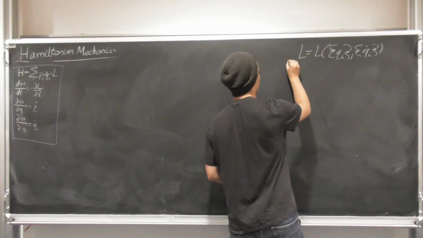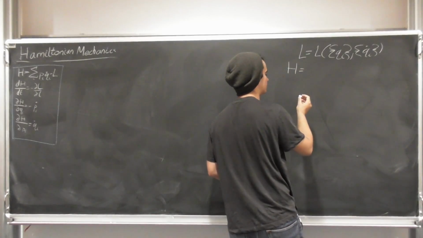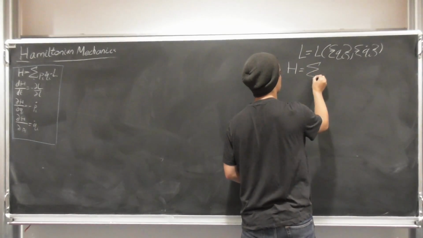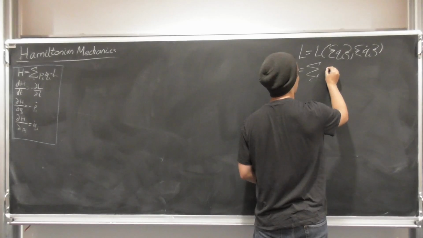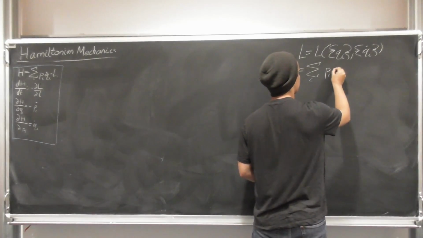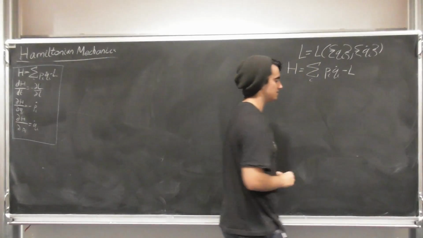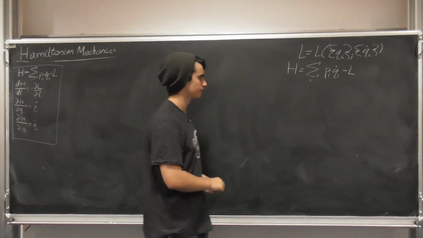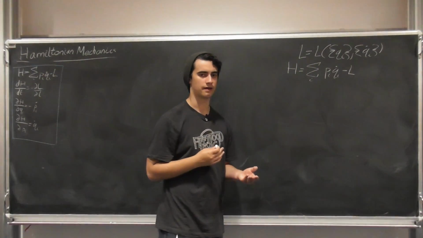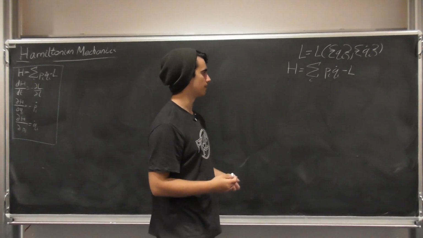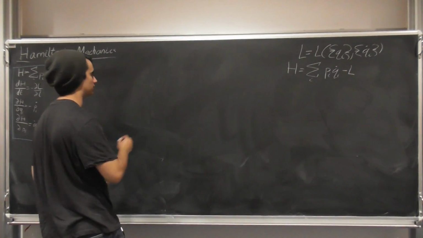And then we have our Hamiltonian, which is defined as the sum over i of p sub i times q sub i dot minus the Lagrangian L.